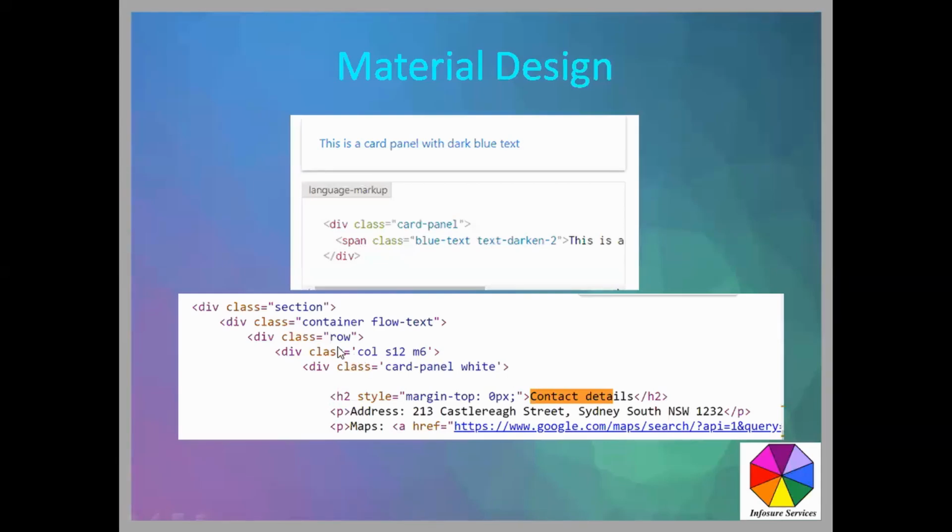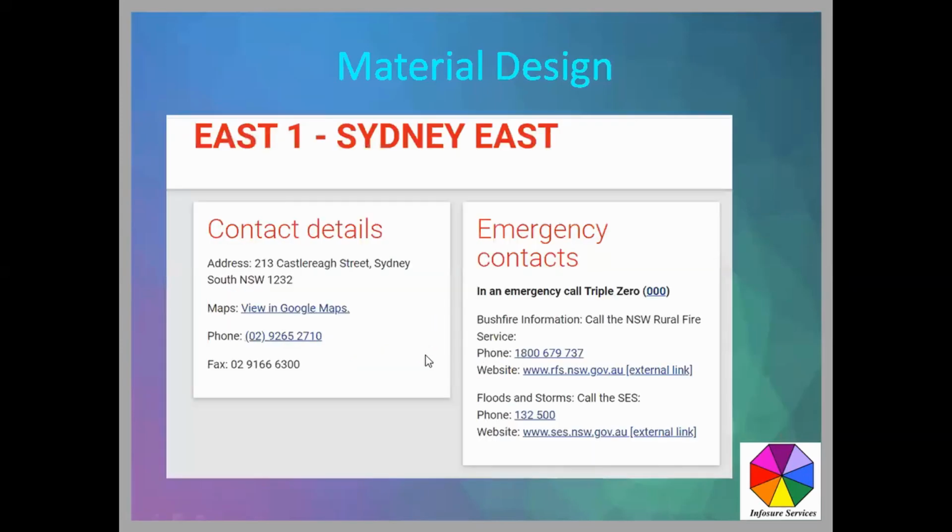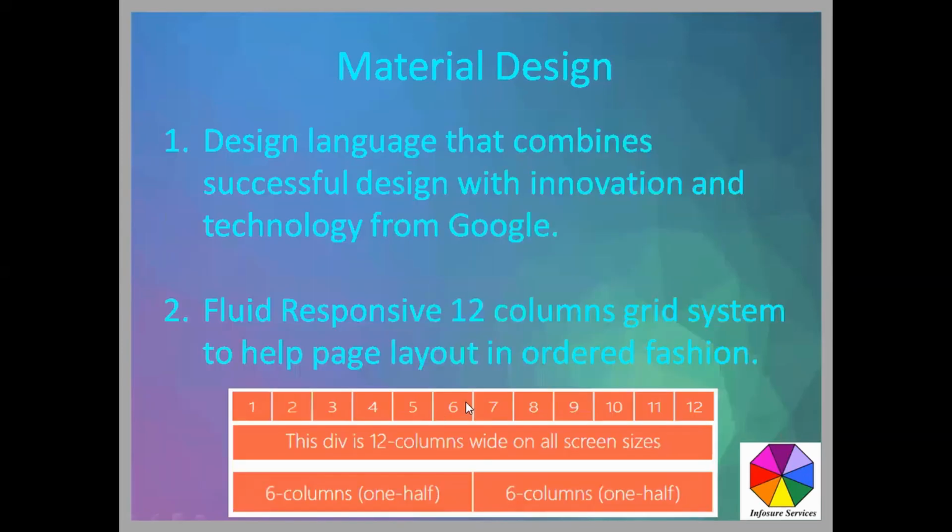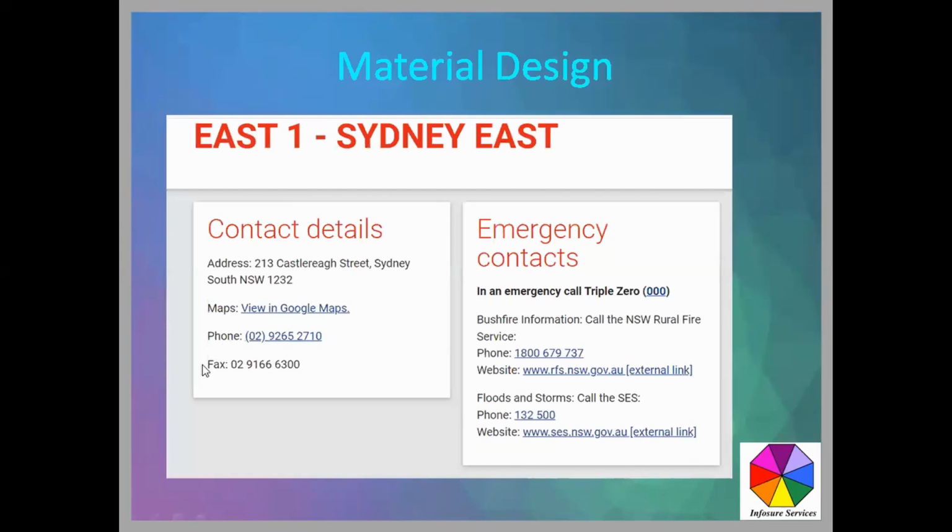Look at this: there is a row and there's a column s12 m6. S12 m6 is this card. That means inside the page, m6 is a medium 6 column. Do you see what I'm saying?